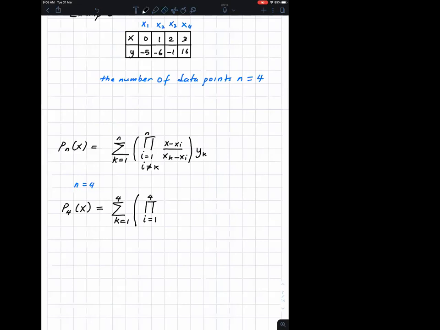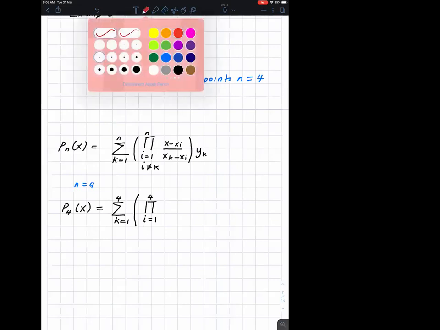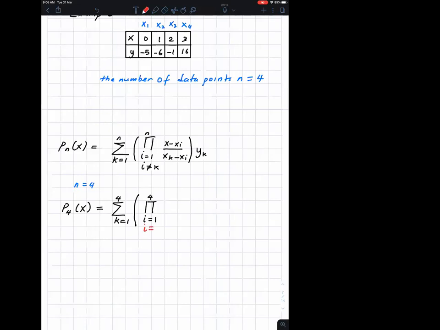Let me put this in red. This is danger: i cannot be k. When i and k are equal, you get division by 0, so you have to ignore that term. Okay, we will see how to do that.